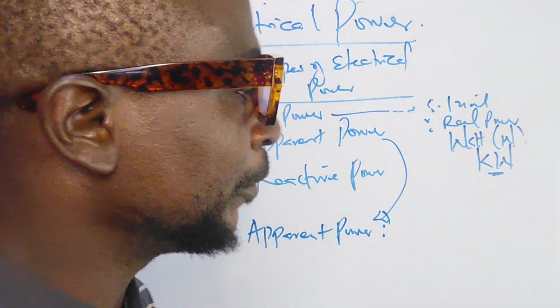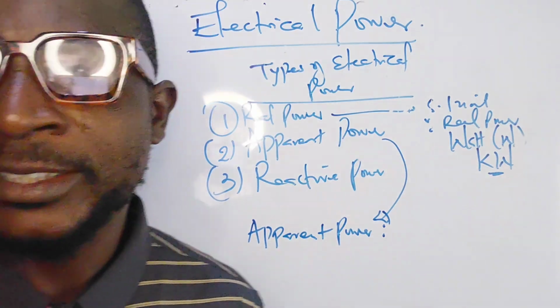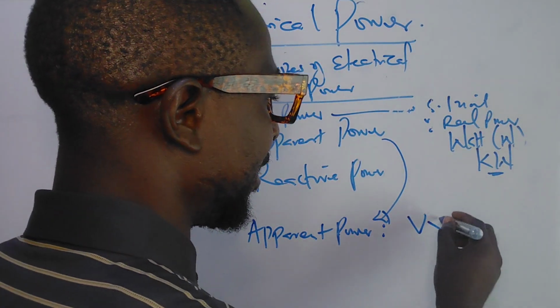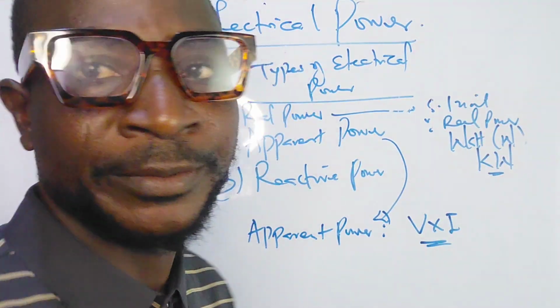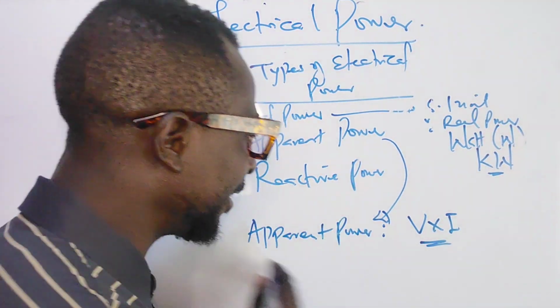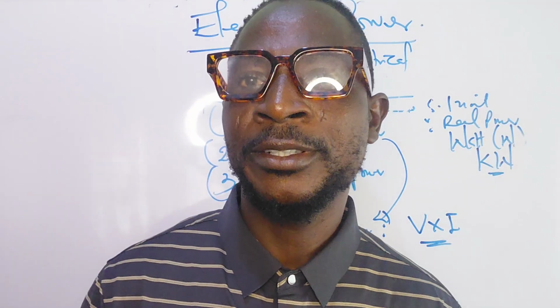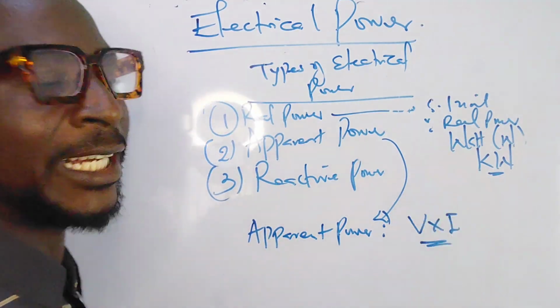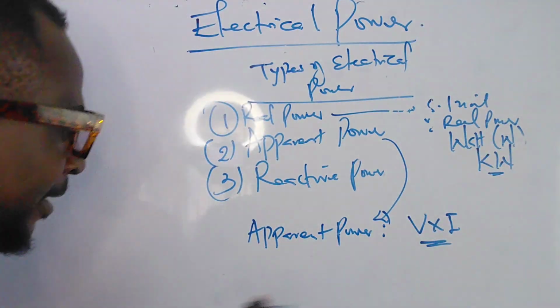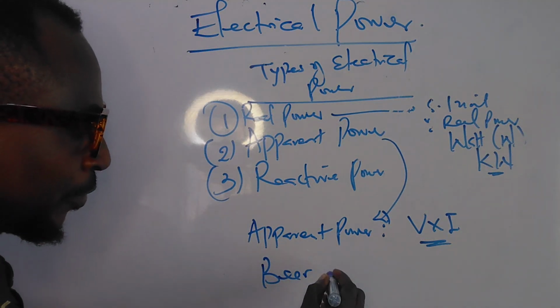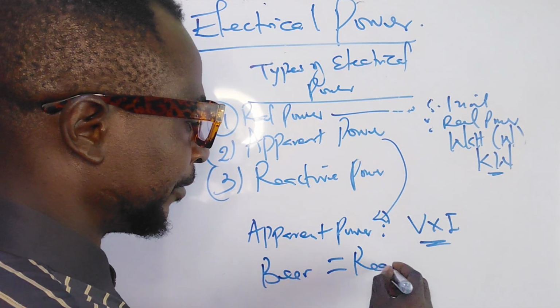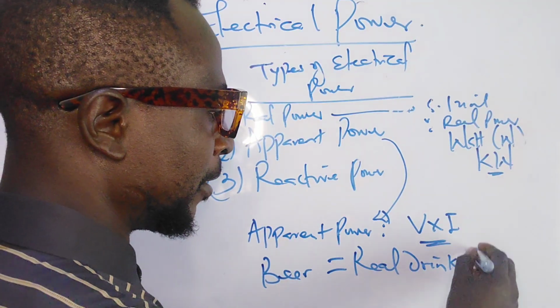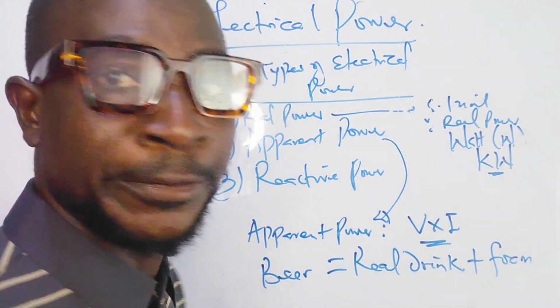What is apparent power? This is the product of the root mean square voltage and current, V and I. So it is the power that comes from a source. It is not all the part that is usable. So we can liken this to a beer. Let's use this analogy. In your beer, we have the real drink, then we have the foamy part, the foam.